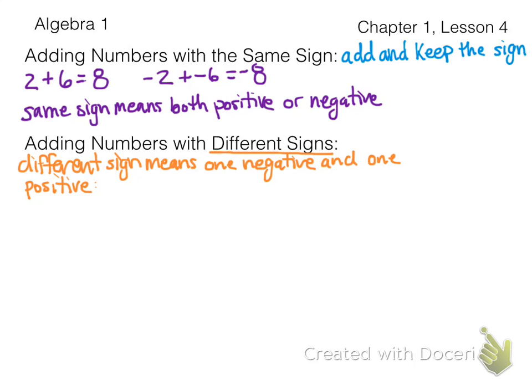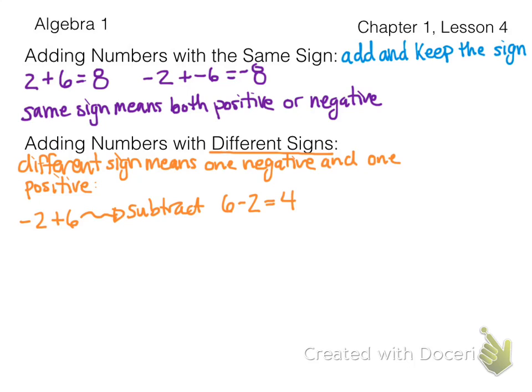All right. When we're adding different signs, one negative number and one positive number, things get a little tricky, and hopefully this is just review. Negative 2 plus 6: the 2 is negative and the 6 is positive. When the signs are different, we need to subtract. It doesn't matter which came first; you take the bigger number, subtract the smaller number, and forget the negative at first.